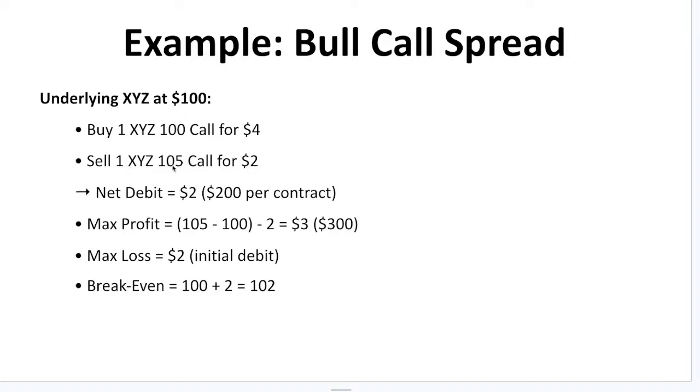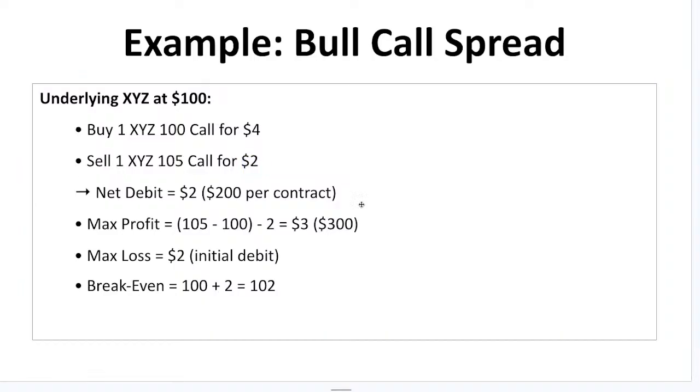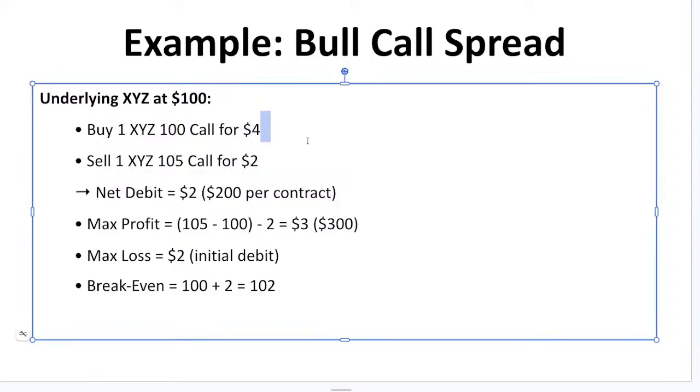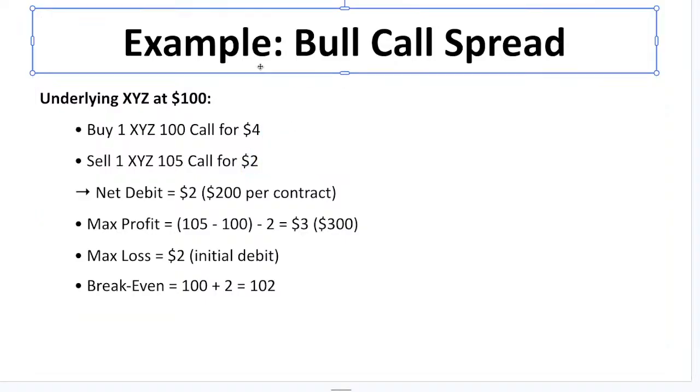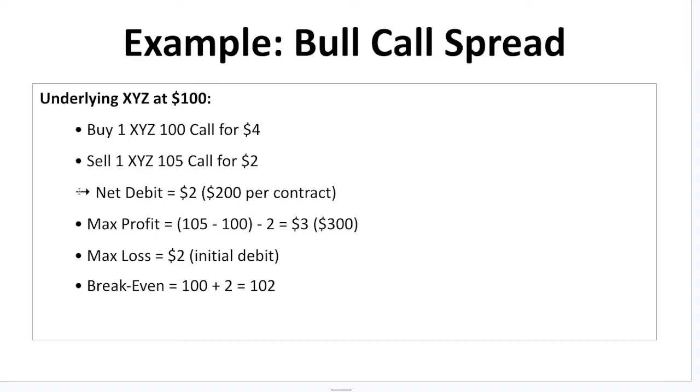You buy a call with a strike price of $100, and you sell a call with a strike of 105 for $2. So the net debit will be $2, because $4 is the cost of purchasing and $2 is the premium that you're collecting. So you net off with $2.